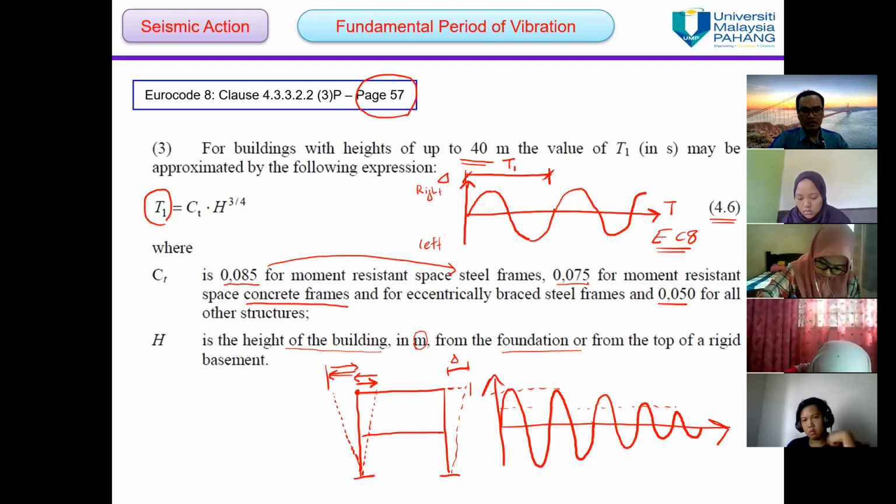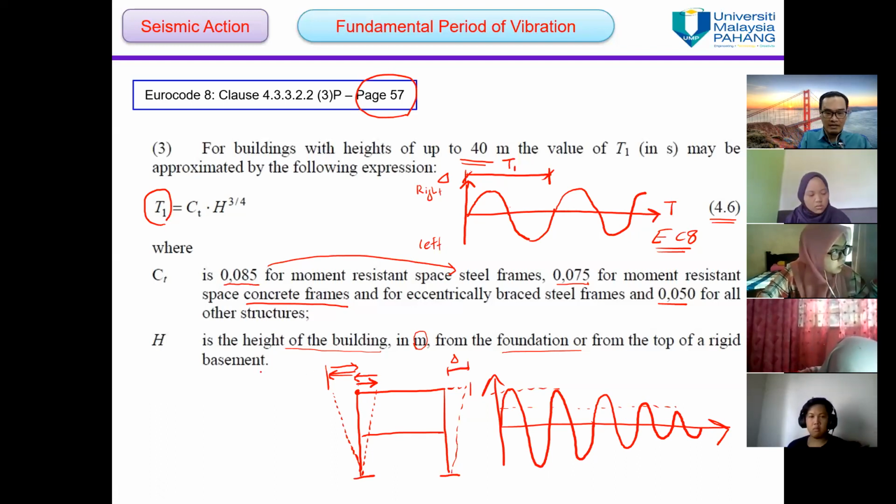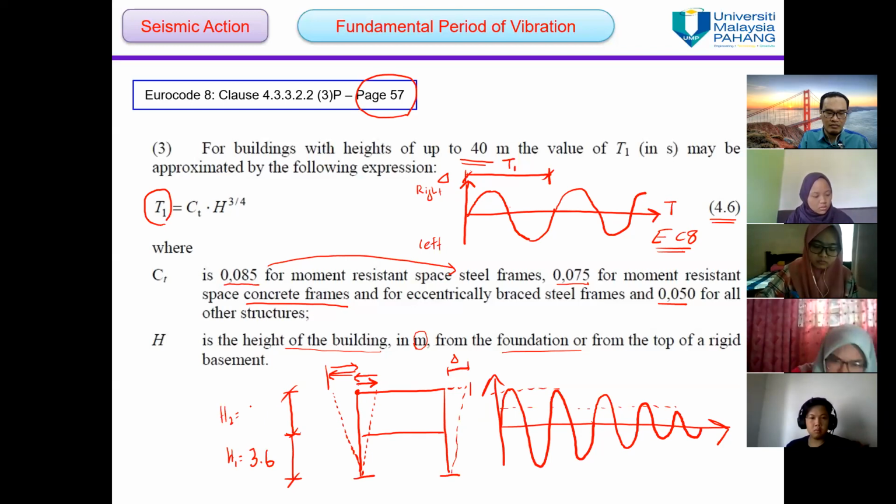Okay, good. So can you use your calculator and let me know what is the fundamental period of vibration for this two-story building, if I give you the height of the building, let's say H1 is equal to 3.6 meters and H2 is equal to 3.5 meters.